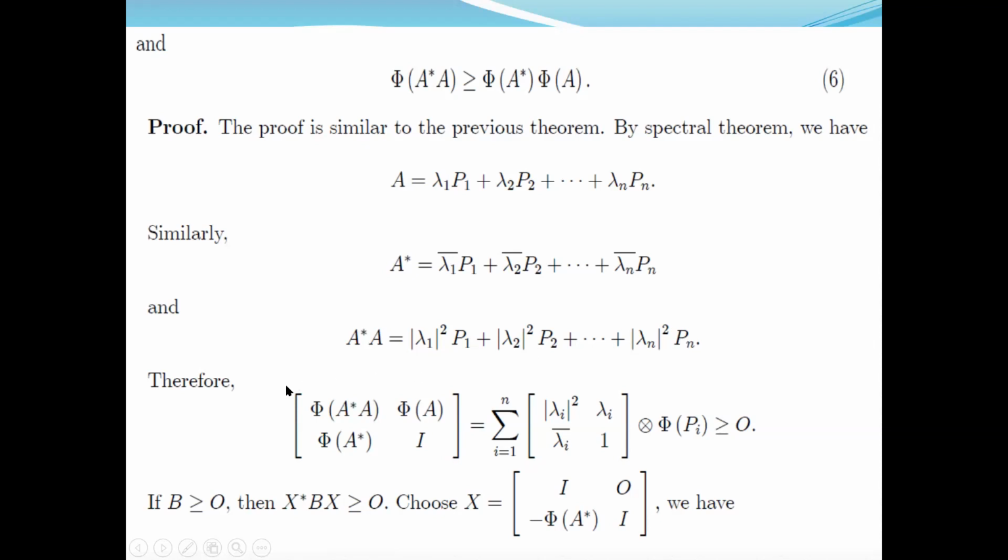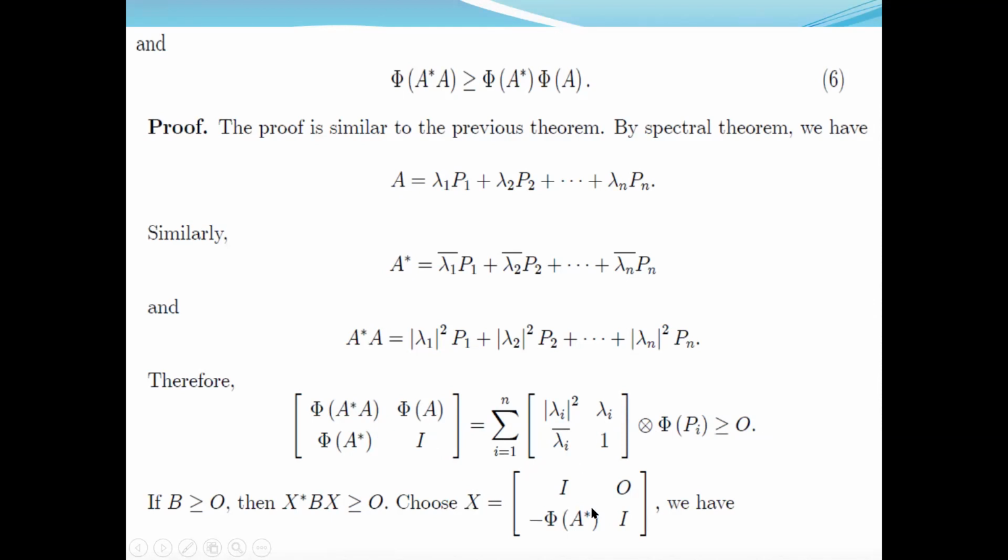And we calculate as above. This comes out that phi of A star A, phi of A star, identity is equal to the sum of these tensor products. Again, these are positive semi-definite matrices. This is positive semi-definite because for this lambda i, here we have its conjugate, the diagonal entries are non-negative and the determinant is 0. So this matrix is positive semi-definite.